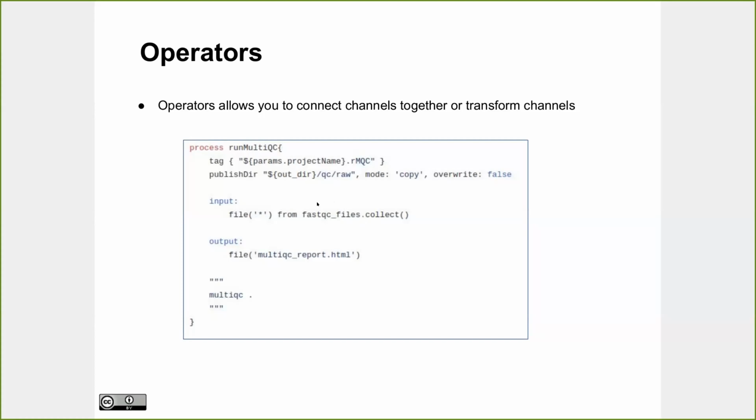The fastqc files channel is a channel with individual sets of reports, but with the collect operation, you put all of them into one list. So when you run multiqc, you can operate on all of the fastqc files and generate one multiqc output report.